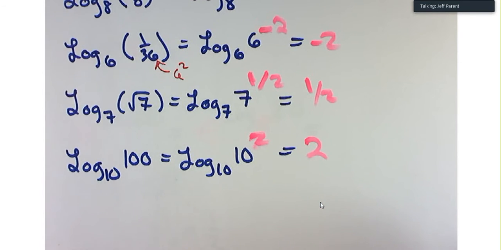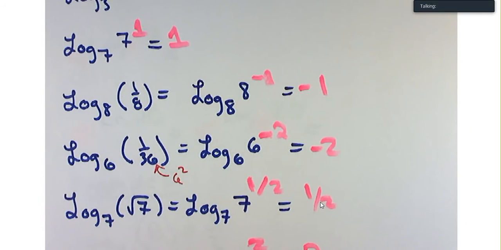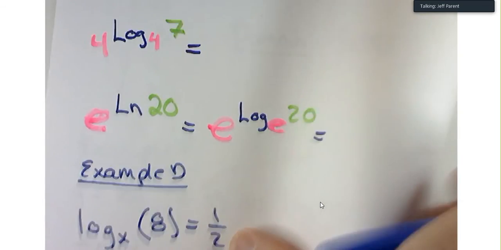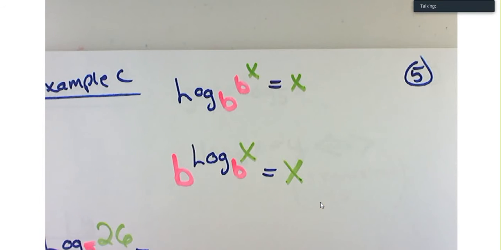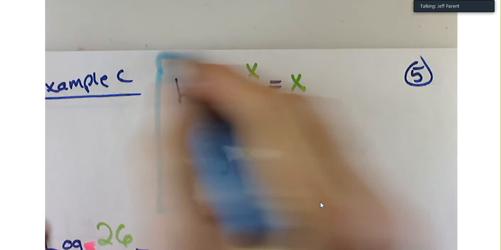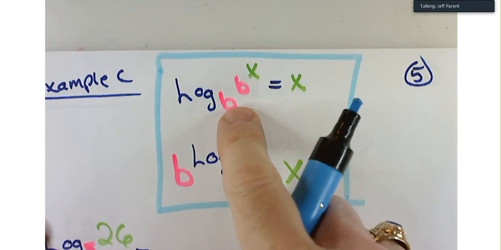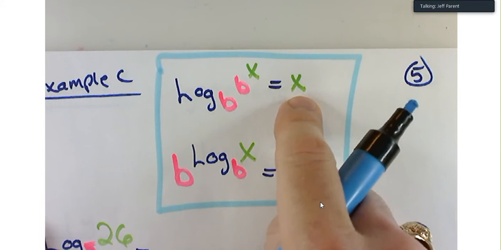And that's an important property. You see it for all of these here. So to summarize that property, I've written it right here, in a bunch of different colors. I hope it's not confusing. What I want to draw your attention to is this: when this and this match, they cancel, and I get what's in the exponent.